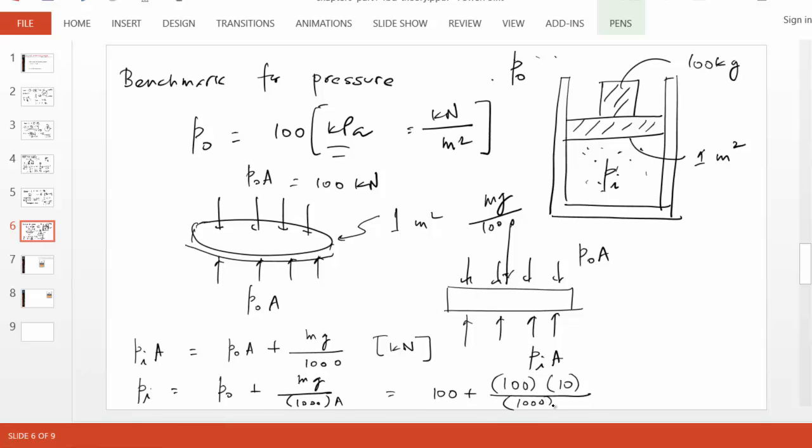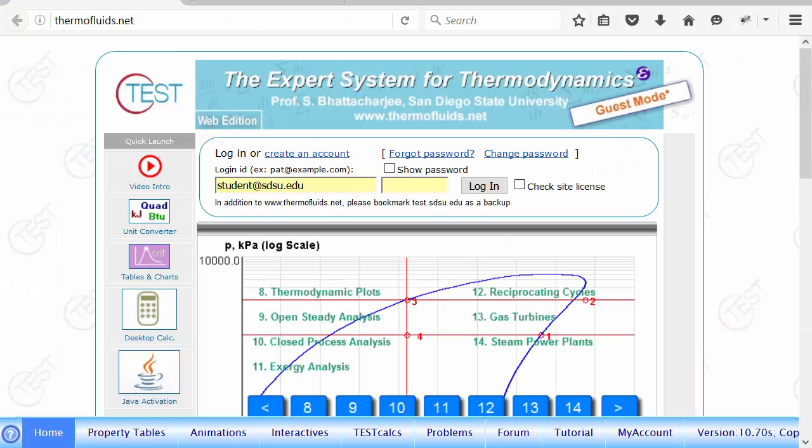And this is 1000 and 1. So you can see this is 101 kPa. So to support the weight of 100 kg, all I need is a pressure inside of 101 kPa. So this is the use of free body diagram.